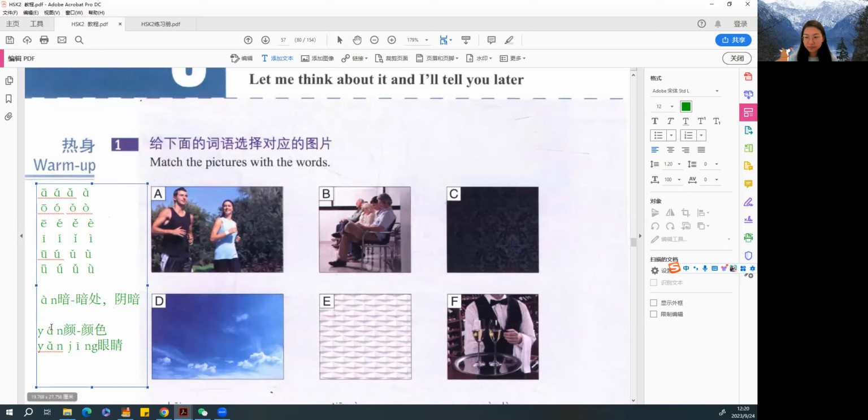However, if this is combined with another pinyin, it will be pronounced as en, yen, 颜色, 眼睛. 眼睛 is the eyes, 颜色 is the color.